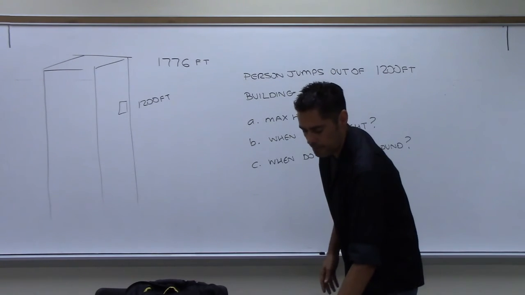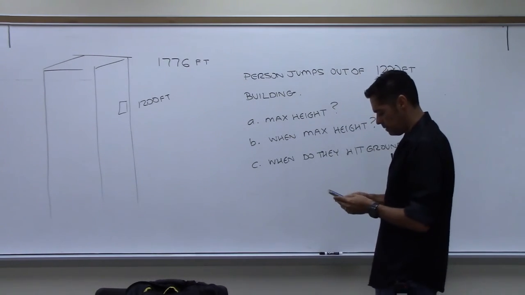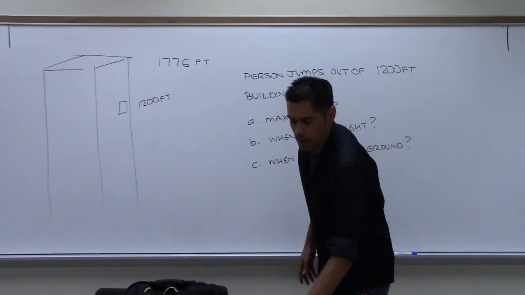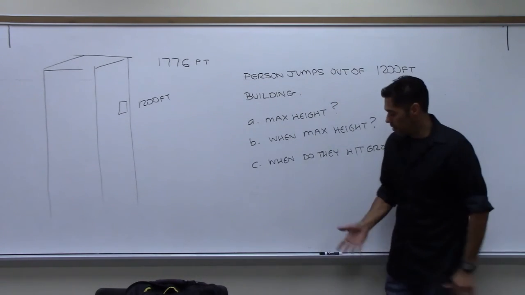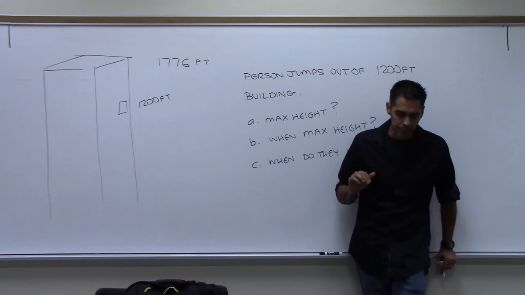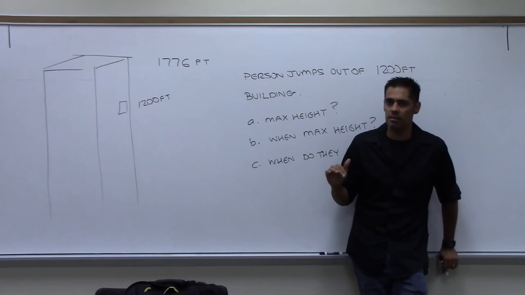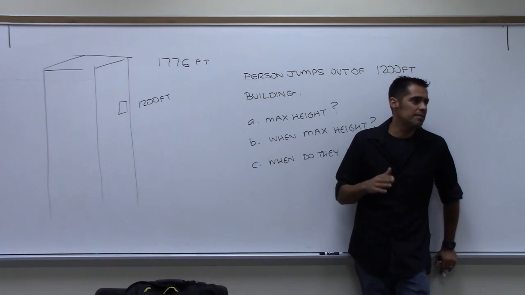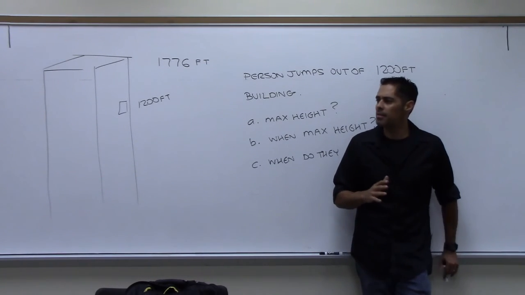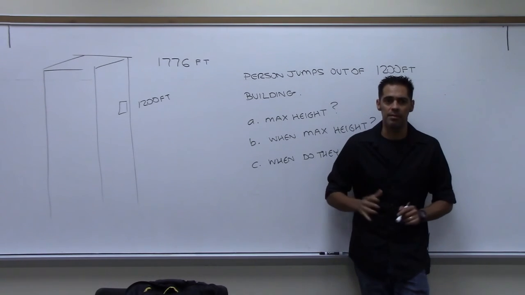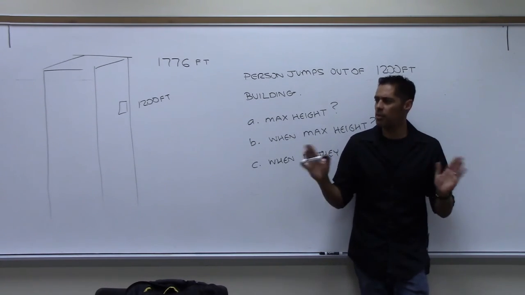All right, so here's what I'm going to end on. Your answer for how long it takes to hit the ground should be greater than 8 seconds and less than 11 or 12 seconds. So it should be somewhere between 8 and 12 seconds. I'm just giving you a range.